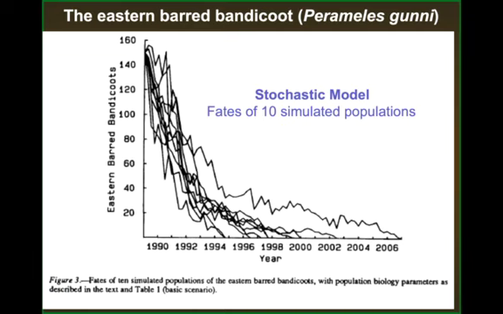Okay, but this is what the output from a stochastic model would look like, and we can convert that into a mean and a 95% confidence interval, so it looks just like what we saw with the spotted owls. If you were doing a deterministic model, you would only need to run it once because whatever you get as your output would just be repeated over and over as long as you put the same input in to start with. But with stochastic models, you have to run it multiple times and look at the means.